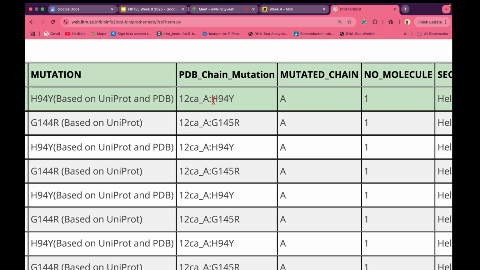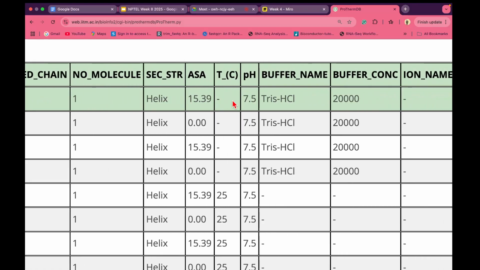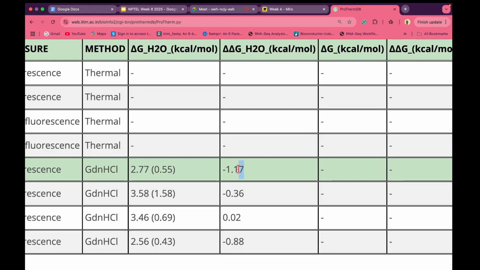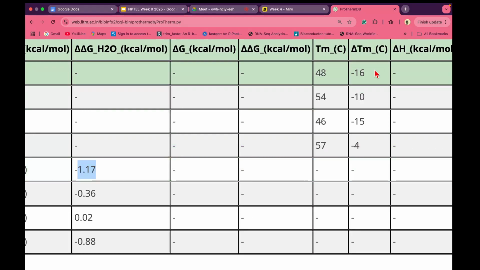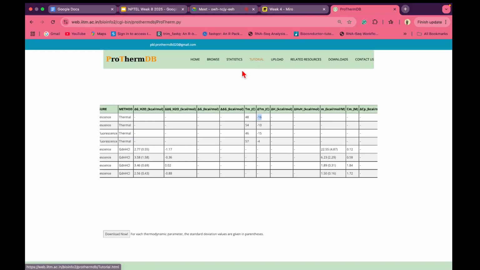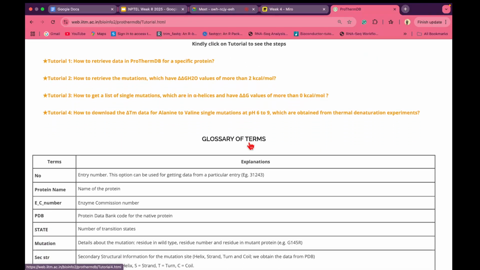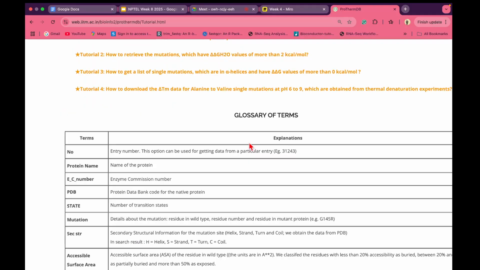So this means that H at position 94 is mutated to Y, and the corresponding change in stability is given as delta delta G or sometimes delta Tm based on the type of experiment, whether it's a chemical denaturation experiment or a thermal denaturation experiment. So this is a relational database. A detailed tutorial has been provided along with the explanation of the terms, that is NO stands for entry number, protein name, EC number, and other things.